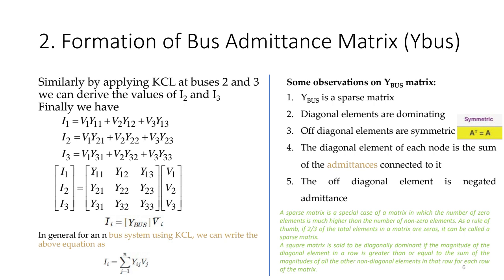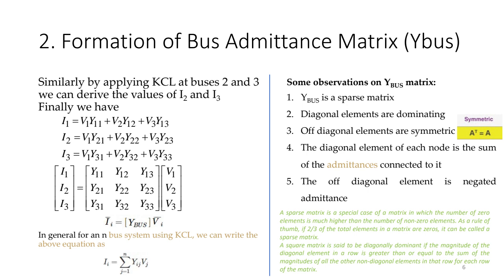In summary, for an N-bus system, we can say I-bus equals the summation over j equals 1 to N of Yij times Vj, where N is the number of buses, because we can have bus 1, bus 2, bus 3.